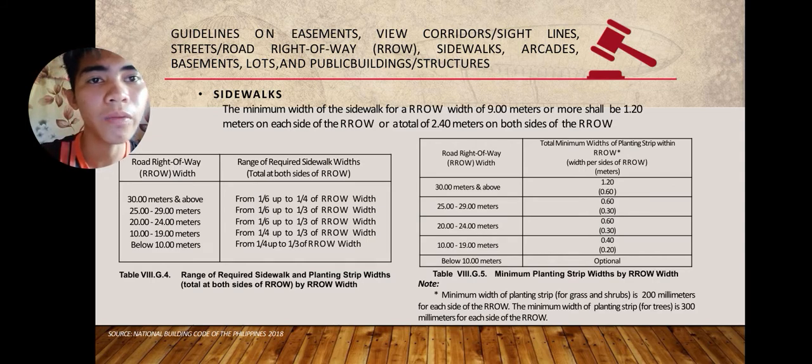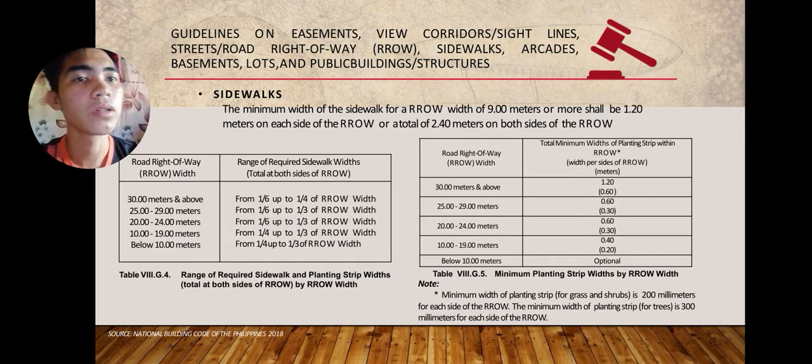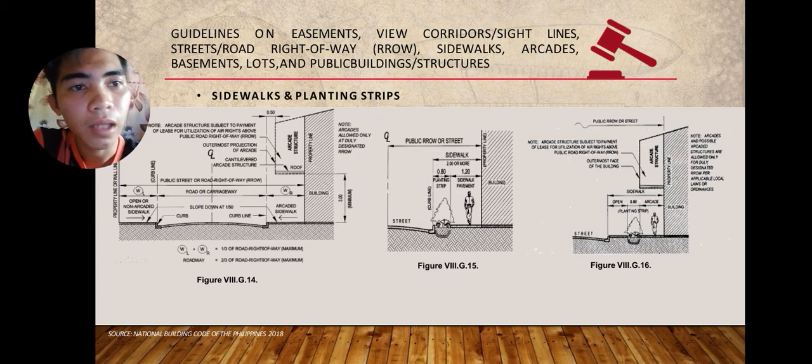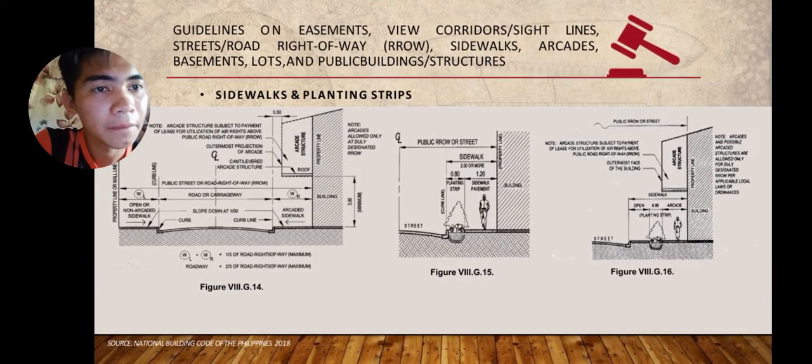So mao ni siya, sidewalks. The minimum width of sidewalks with more than 9 meters shall be 1.20 meters on each side of a row, or a total of 2.40 meters on both sides. So mao siya ang gi-required nga sidewalks.